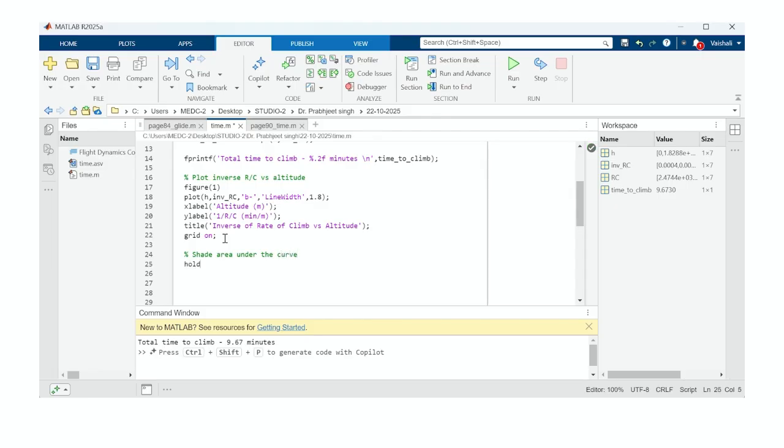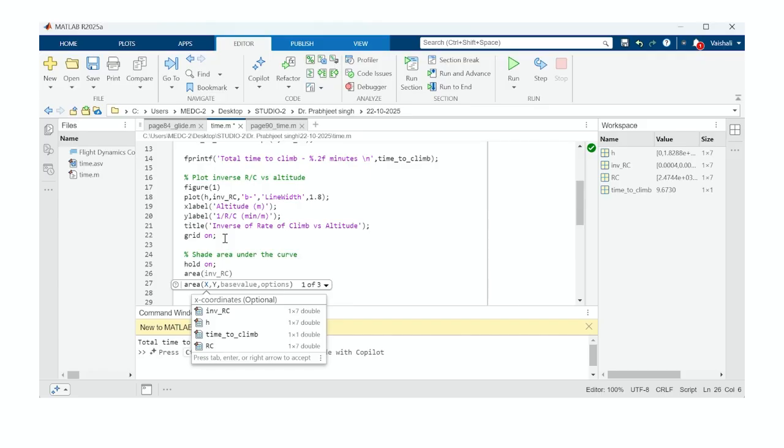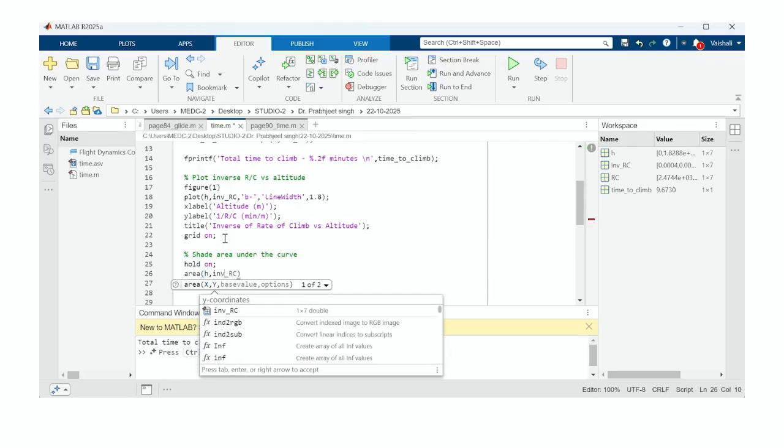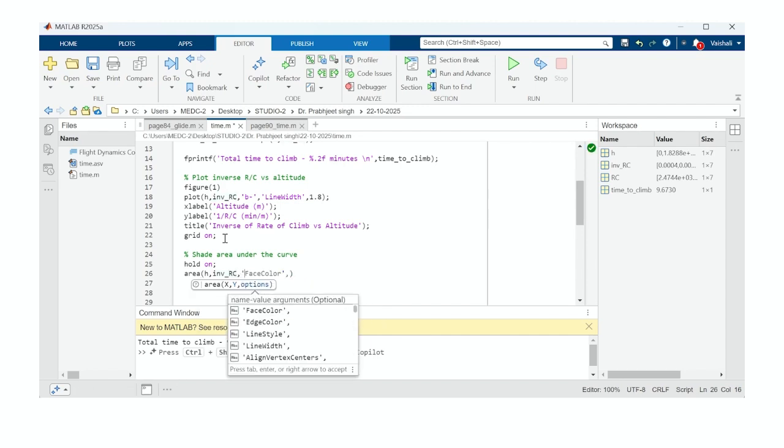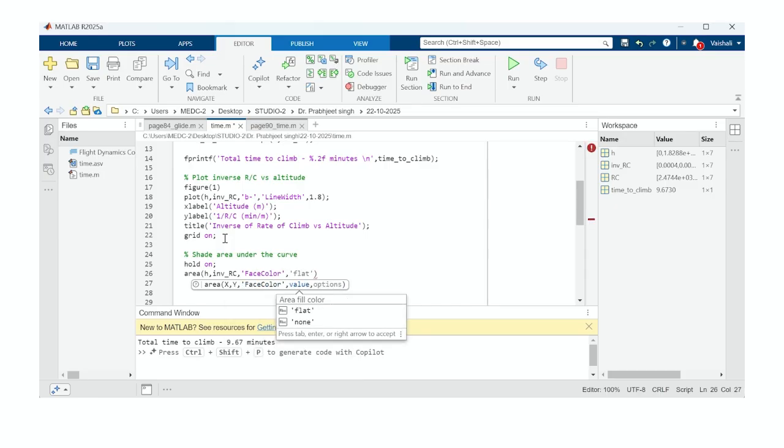So what we'll do is I'll hold on the previous plot so that it does not redraw in that figure. So to do that the code is hold on. Okay, now to shade area under the curve, we have to just write here area. Okay, and h comma inverse underscore rc. All right, next I'll write here face color, let it be for example B. After that I want face alpha.